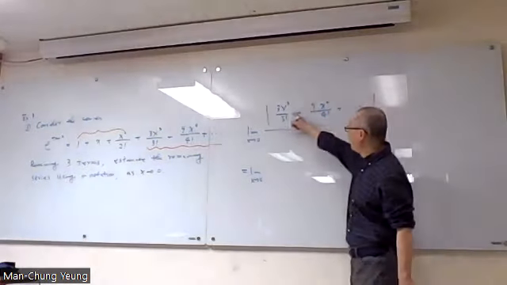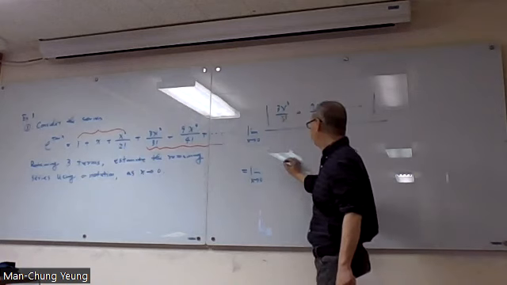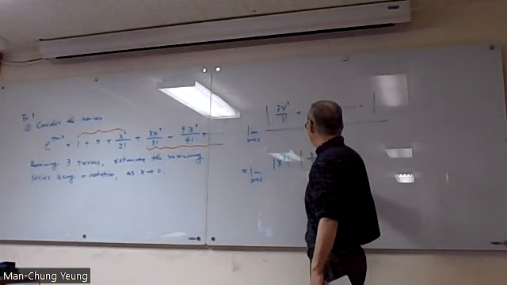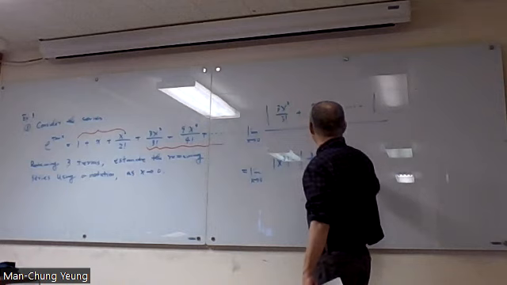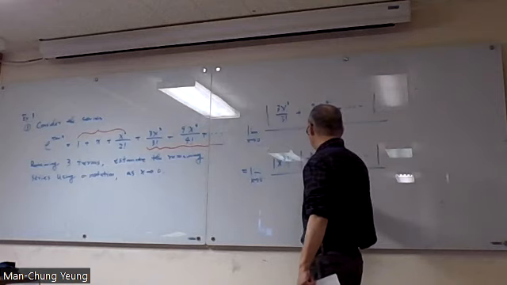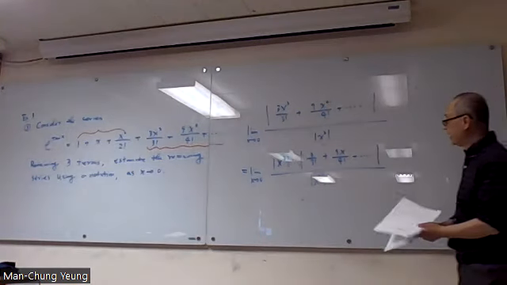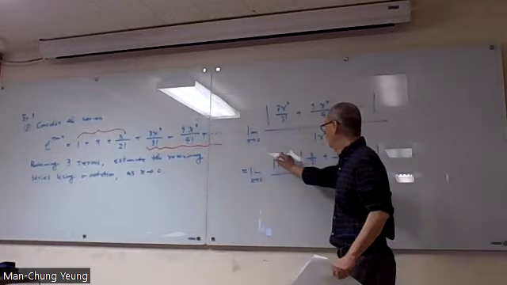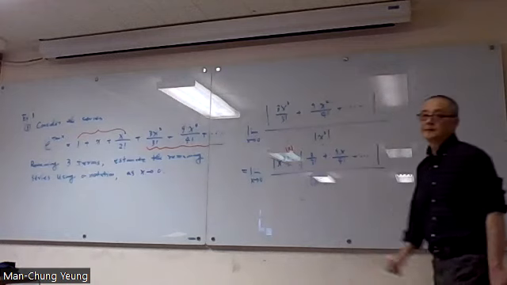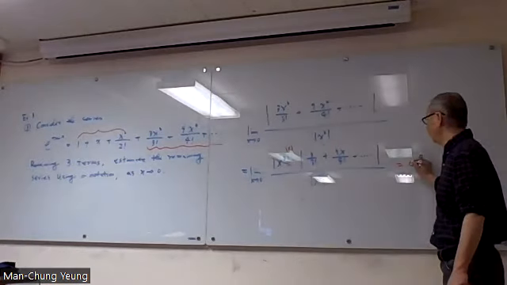In the series, I take out the x cubed, take it out, then 3 over 3 factorial plus 9x over 4 factorial, and so on. And then over x squared. So I can cancel. Then what I get is x absolutely. Now x approaches 0. Do you agree the limit is 0?